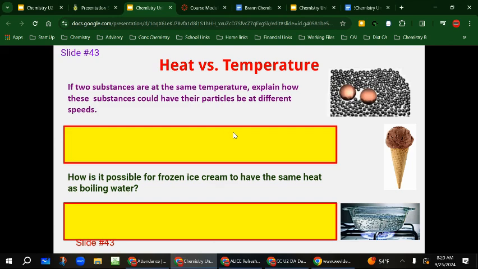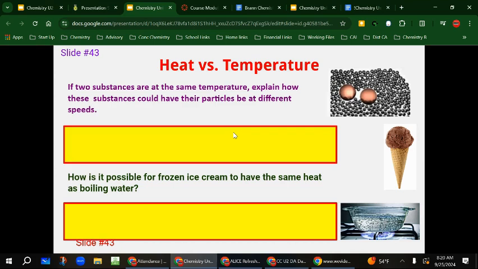We do what to their kinetic energies? No. Don't go there. How do we find heat? It is the what of kinetic energies? Average. No. Temperature is an average. Heat is the sum. So how can ice cream and boiling water have the same amount of heat?